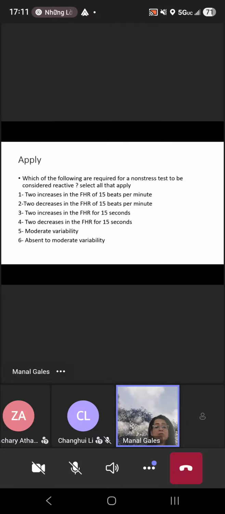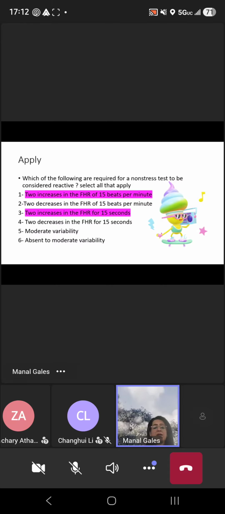We will rule out 2 and 4 because both of them decrease and this is not good. So number one is yes. Number 3, an increase in the fetal heart rate for 15 seconds. True or false, guys? It is true. Yes. So the answer is 1 and 3. The other ones are wrong.